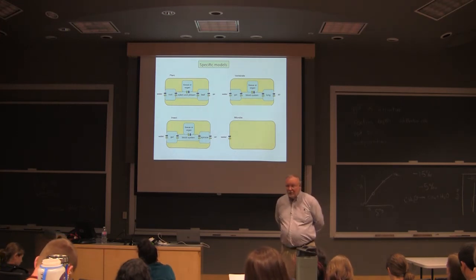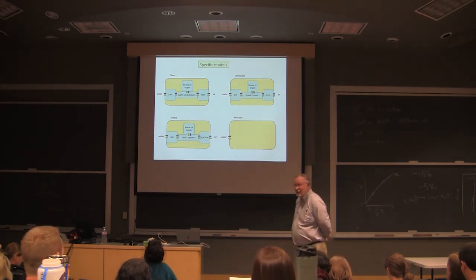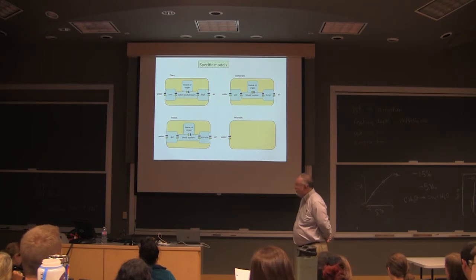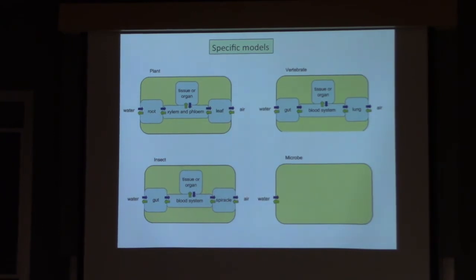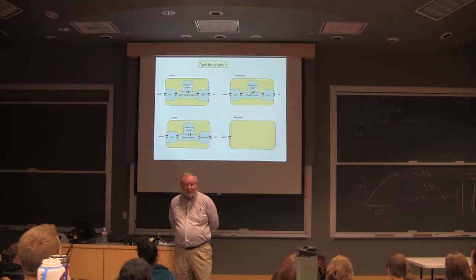Well, I'm a botanist, so plants take up water through the roots, it goes into the xylem and phloem, it gets stored in a tissue, which might be a flower, might be a root or a seed, it comes to the leaf. Oh, the leaf is analogous to the lung. The leaf is the place in which that water is going to be isotopically enriched because it interacts with the environment.